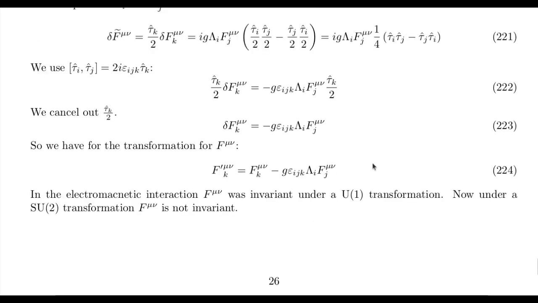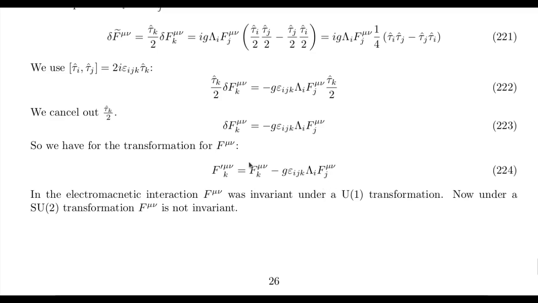We can write for the transformation of f, delta f is the new transformed f prime minus the old one, f without prime. And we write the f with a positive sign to the other side of the equation.